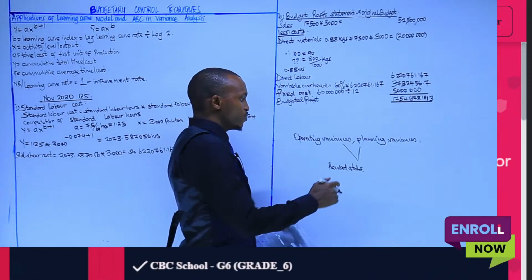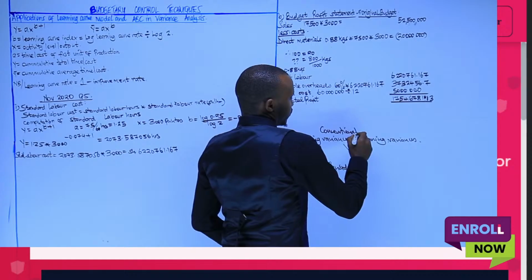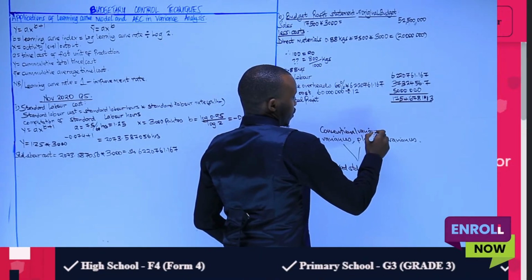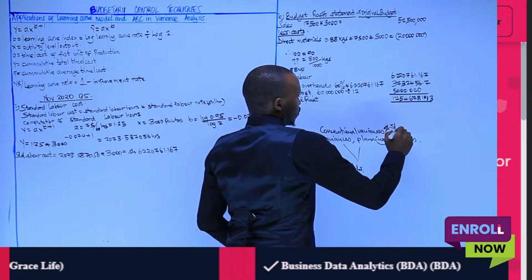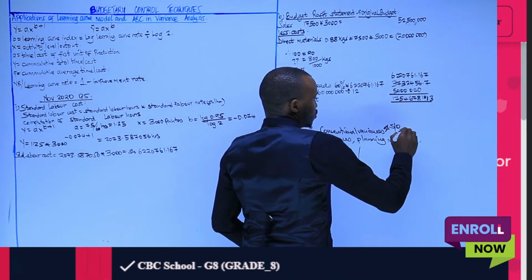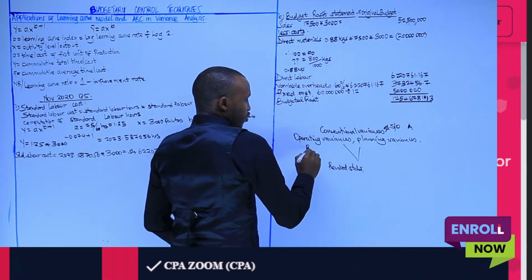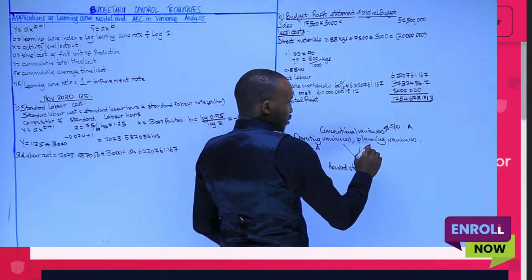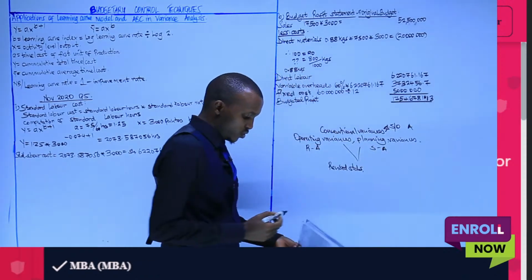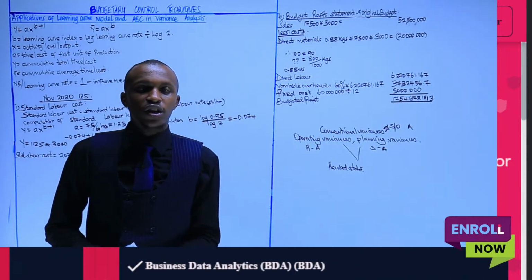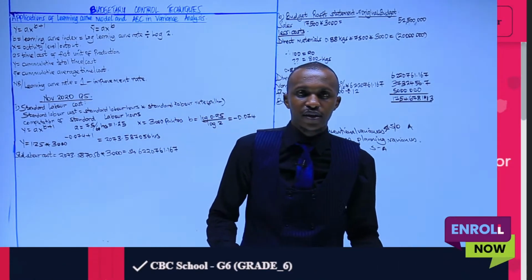So what we've been talking about so far is conventional variances, where you simply compare standard or original with actual. For operating, you compare your revised and your actual. Planning is your standard and your revised, but we'll talk about that in the next lesson in more detail. So from me, goodbye and see you next time.